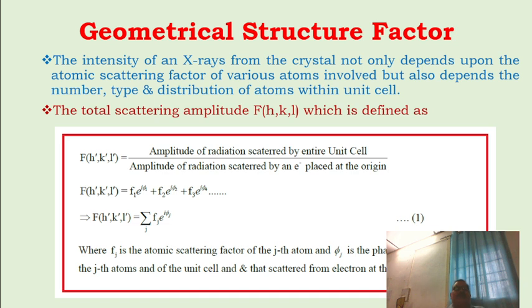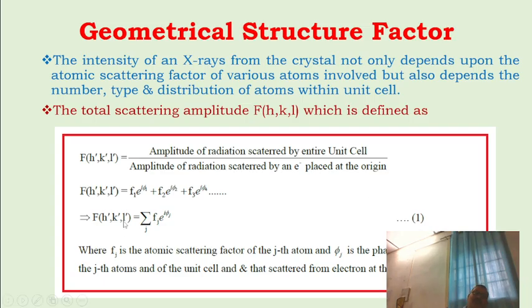So the intensity of X-rays from the crystal not only depends upon the atomic scattering factor of the various atoms involved, but also depends upon the number of atoms involved, the type of atoms, and the distribution of atoms within the unit cell.